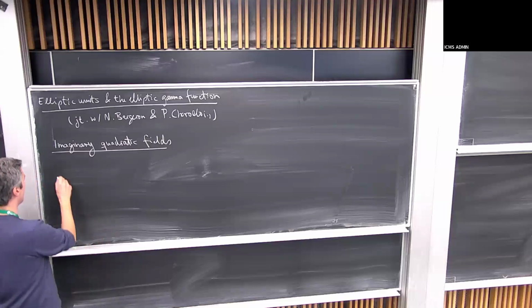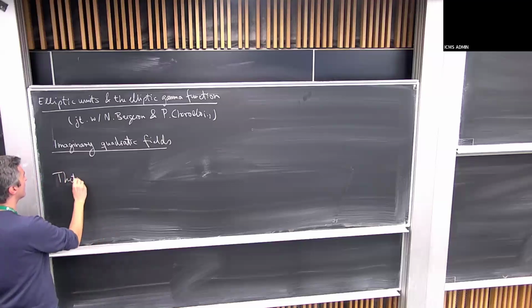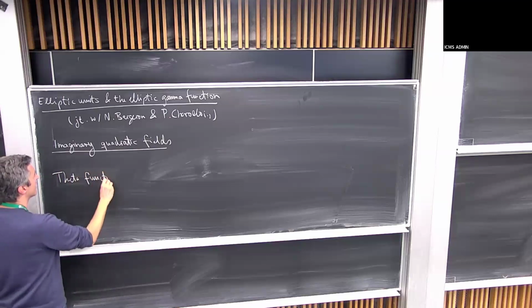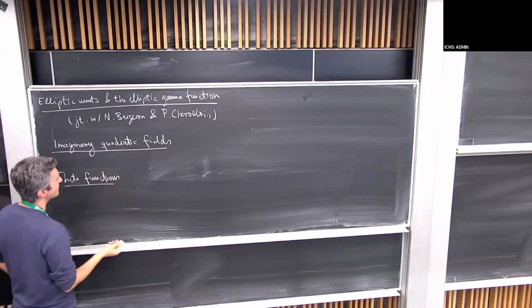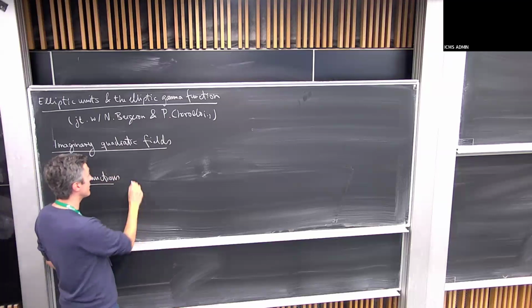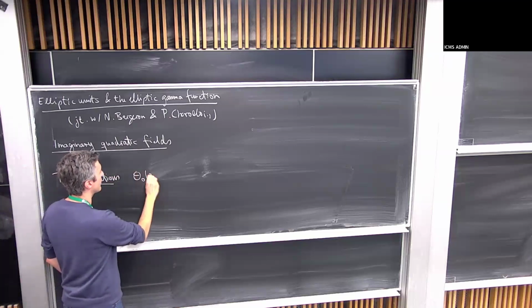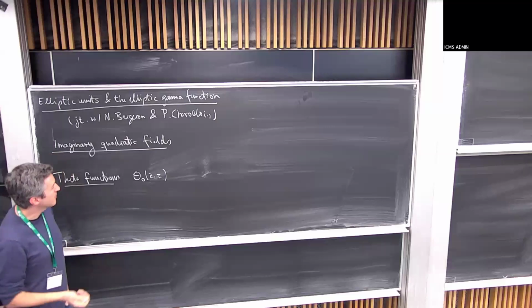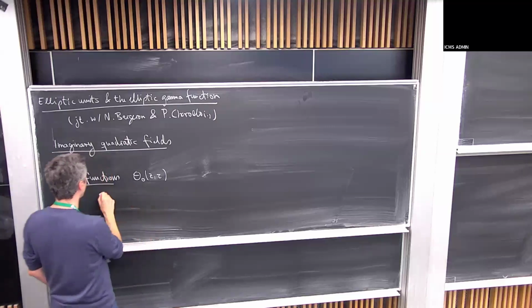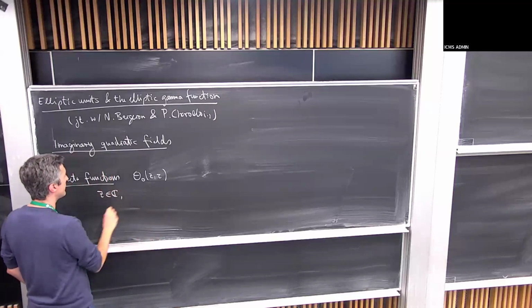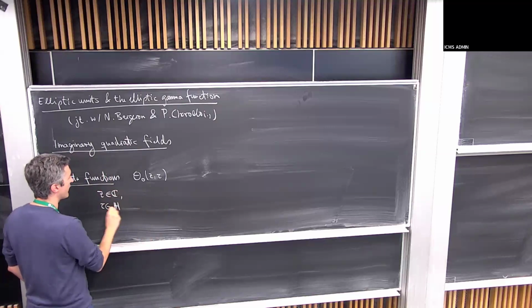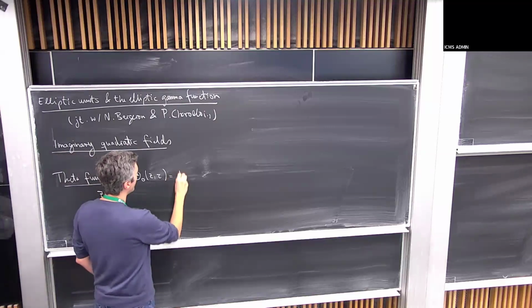The key player in the explicit class field theory for imaginary quadratic fields is the theta function, which already was introduced in Pierre's talk, a function of two parameters. Here, z is in C, and tau is in the upper half plane H. It's given by this infinite product.